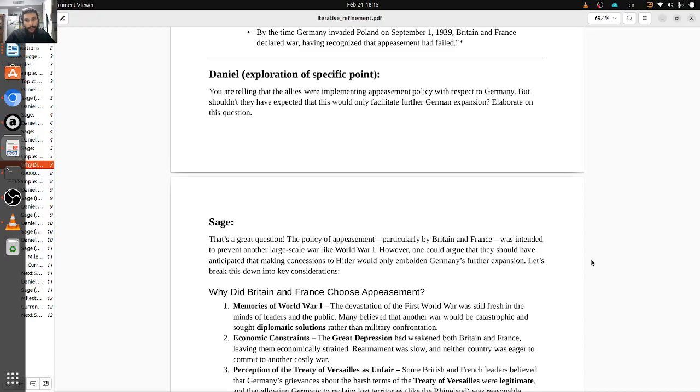So in particular, he's asking how it was possible that they did not expect that their appeasement policies would facilitate further German expansion.